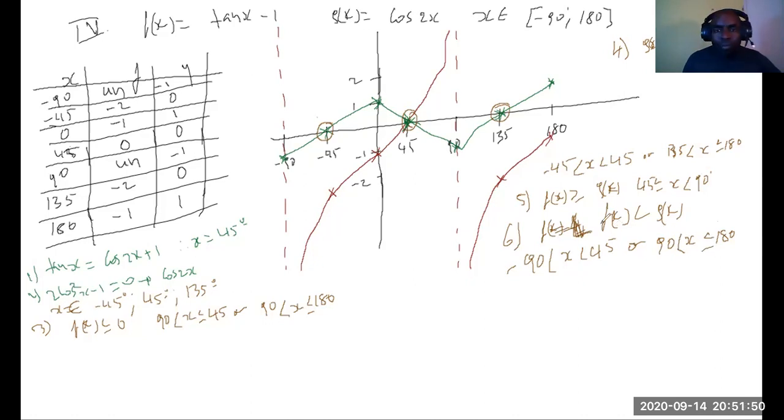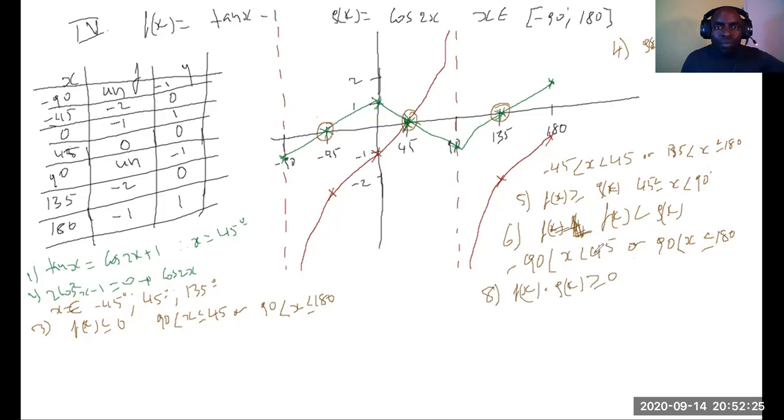Then we go to number 7, number 8. We have where f of x times g of x is equal to 0 or positive, meaning they should be either on the same side, negative and negative, or positive and positive.